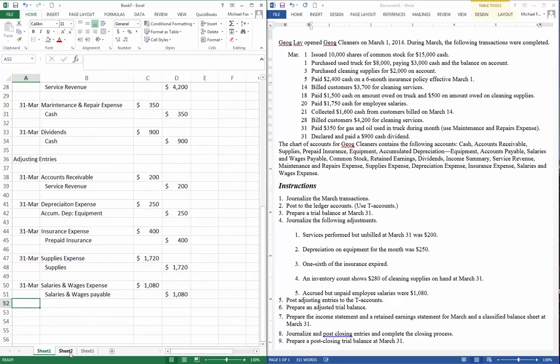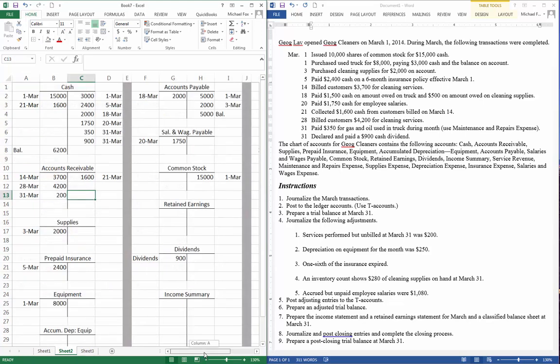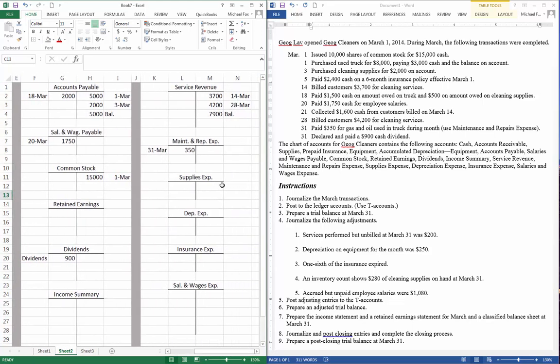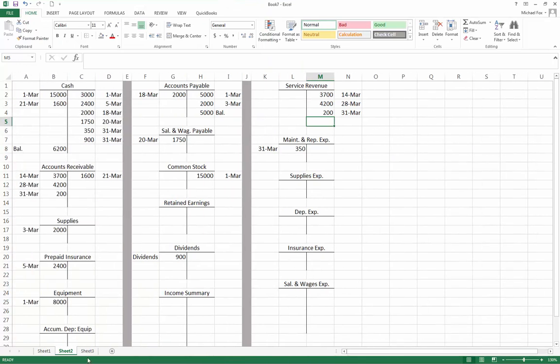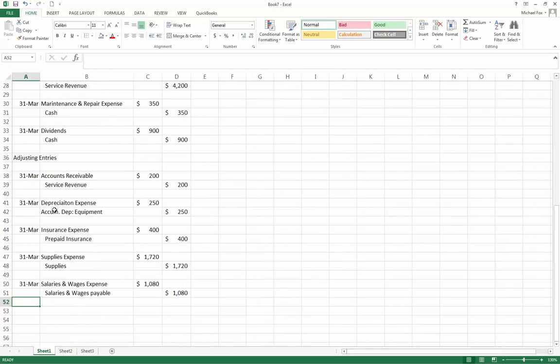And service revenue credit 200. We'll have to figure out new balances after we enter all of these, but right now I'm just trying to do it quickly here.